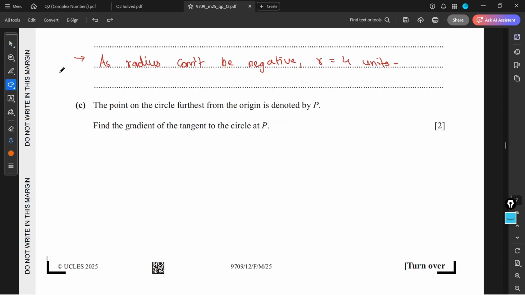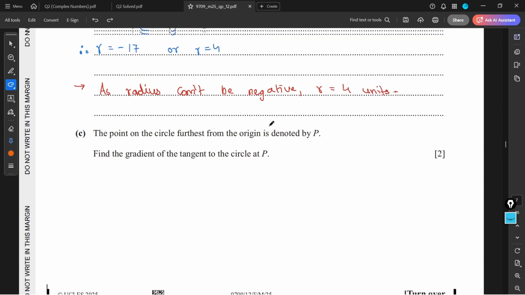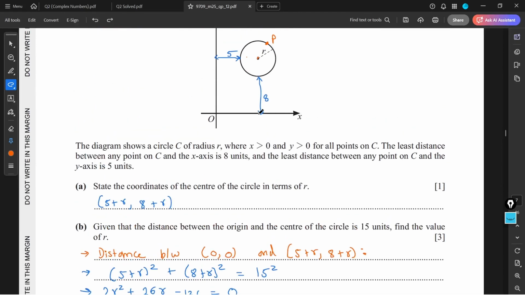All right guys, I hope that you were able to understand both of the previous parts. They were straightforward. Now let's move on to the C part. Over here, there is a point on the circle furthest from the origin denoted by point P. We have to find the gradient of the tangent to the circle at that point P. So what I'm supposed to do is, let's say there is this point which is furthest away from the origin, and this point will be lying on this line.